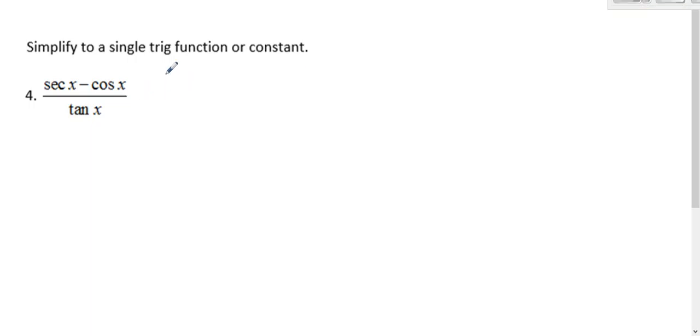So for this one, if you don't see anywhere to start, just start with changing everything to be sines and cosines. I don't see any Pythagorean identities or anything, so secant is 1 over cosine minus cosine over tangent, which is sine over cosine.